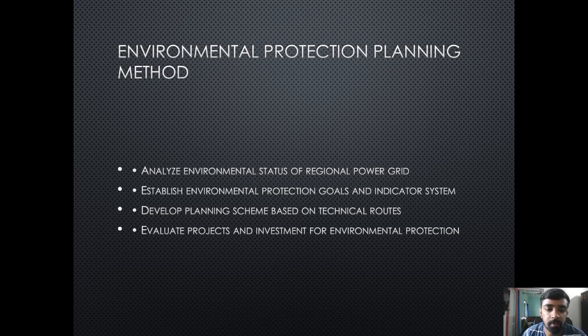By analyzing the environmental status of the regional power grid, we can plan the different methods for environmental protection. By establishing the environmental protection goals and developing a plan scheme based on the technical routes, we can evaluate the projects and the investments for environmental protection.